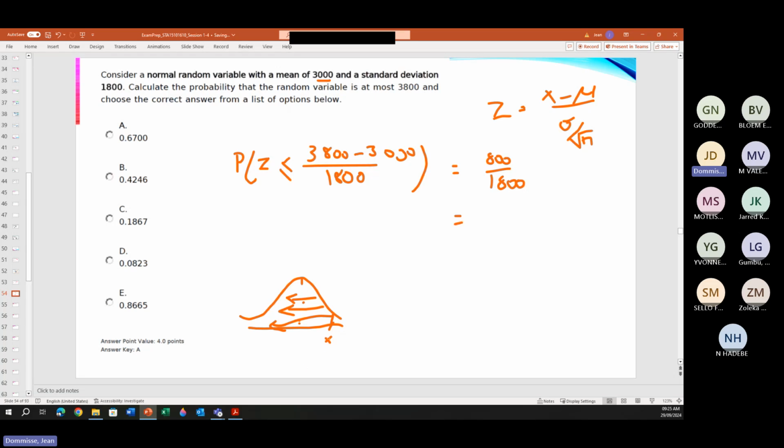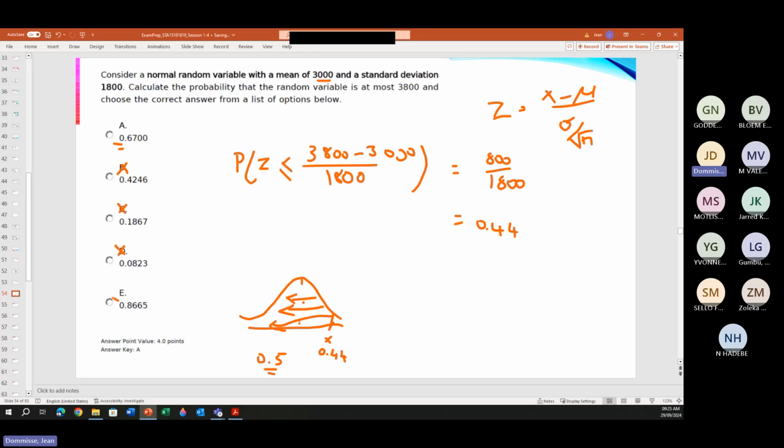So that means we are right, and it will then be bigger than a 0.5 probability. Okay, so just by seeing that, and let's hope I'm working it out correctly, that Z is 0.44. It means that we are on the positive side. That means my probability will be bigger than 0.5.